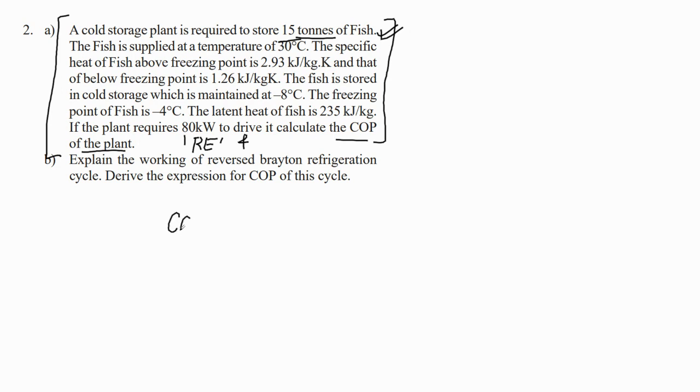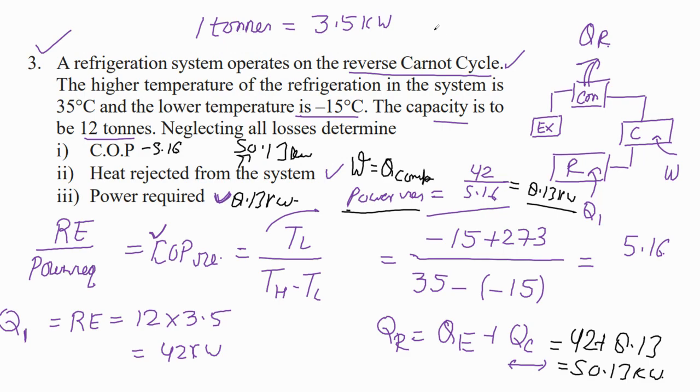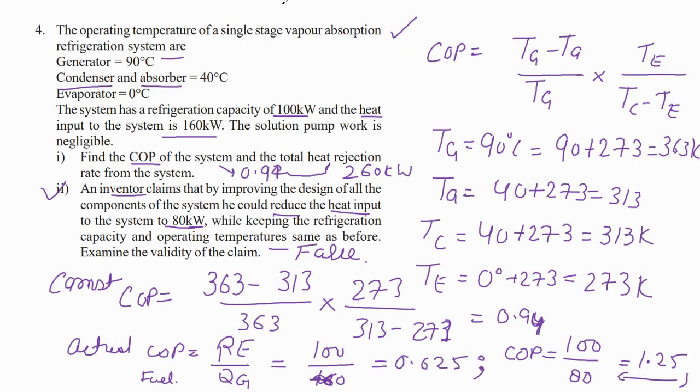We try to calculate the Carnot COP in this case. What is Carnot COP? It is TL divided by TH minus TL. This question comes from unit 1 and unit 3.